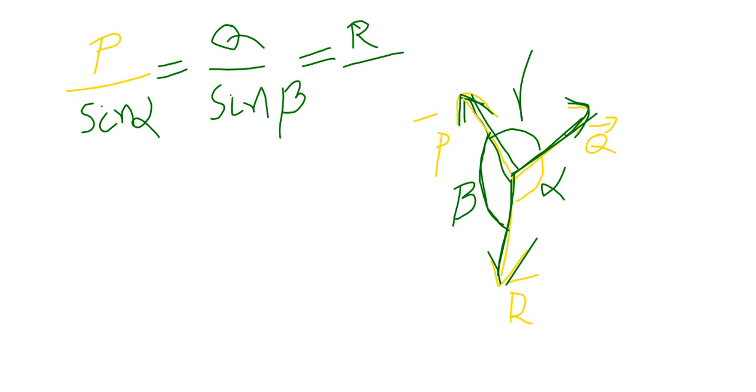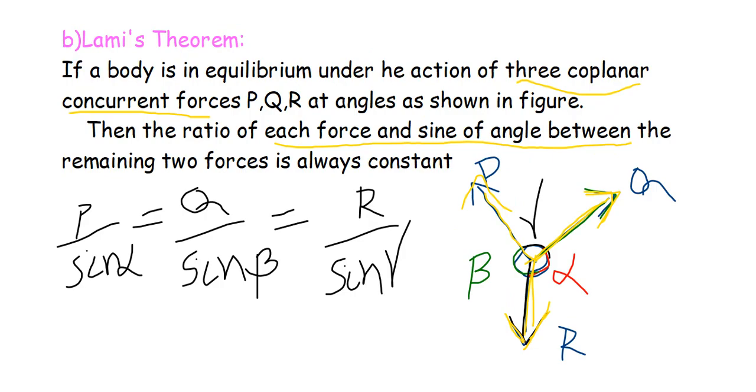So if a body is in equilibrium under a set of three coplanar concurrent forces P, Q, R at angles alpha, beta, gamma as shown in figure, the ratio of each force and sine of angle between the remaining two forces is always constant. This is Lami's theorem.